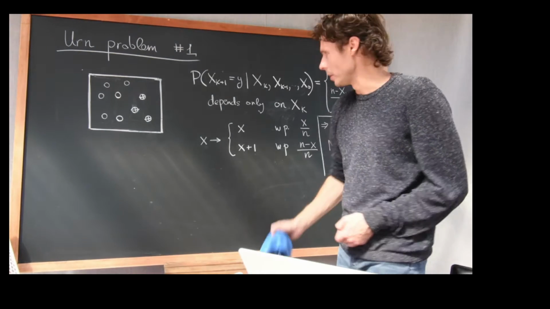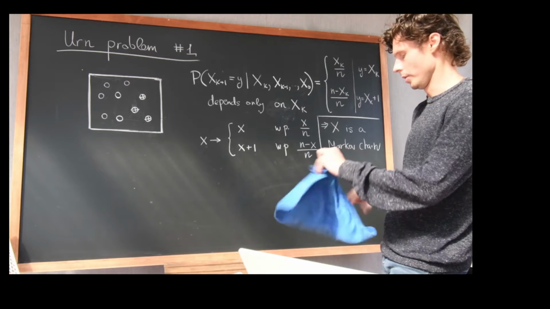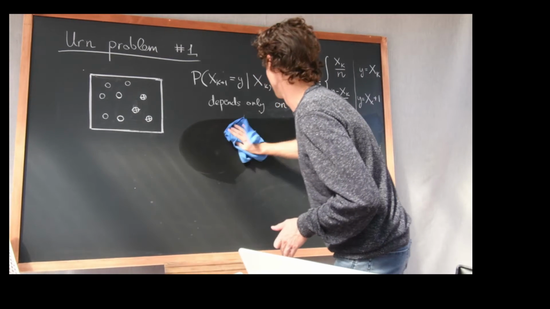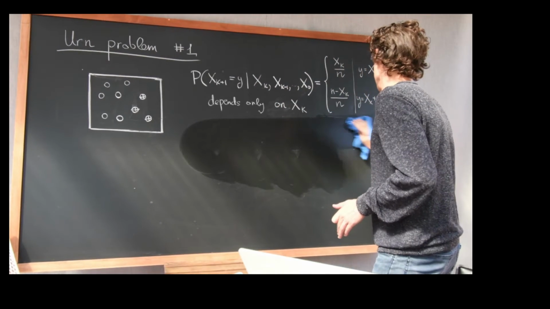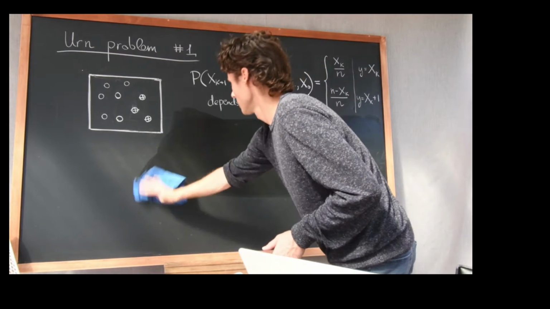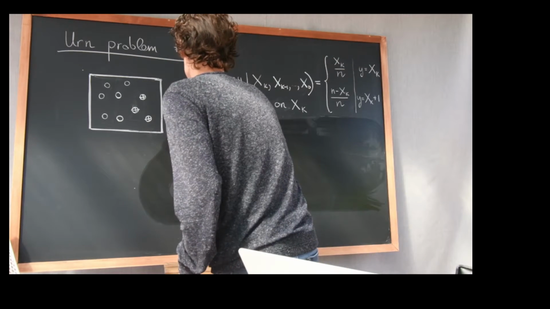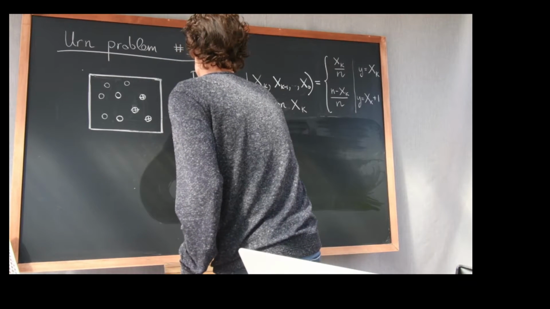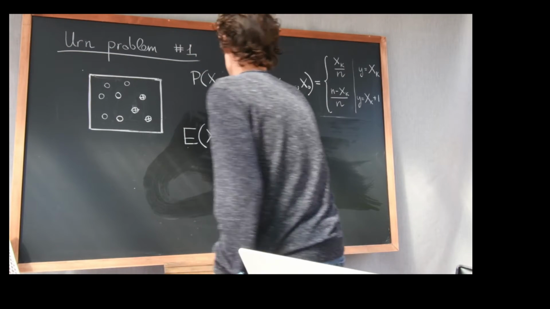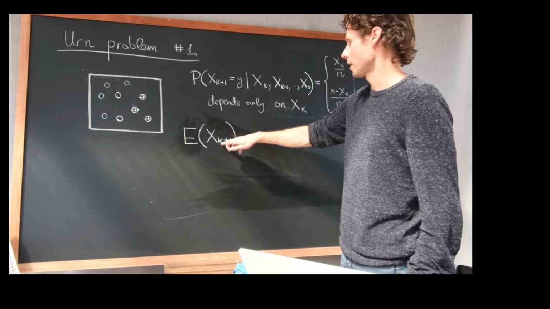So at this point, we can immediately skip to a calculation of the expected number of marked marbles at time k, and the main tool for this is going to be conditional probability, or the Tower property of conditional expectation. So here's what we do. The first step is always to write down what we're about to compute, and because of the nature of the conditioning that we're going to carry out, I suggest you start out with time k plus 1.